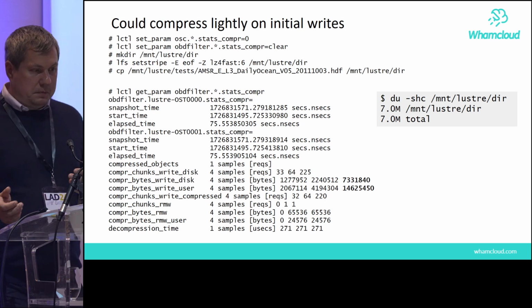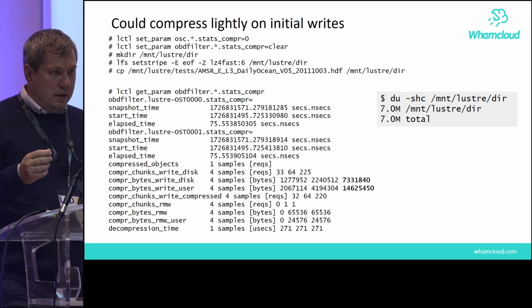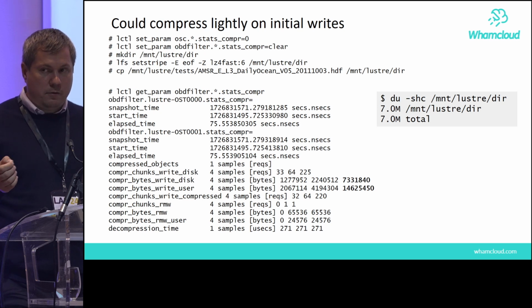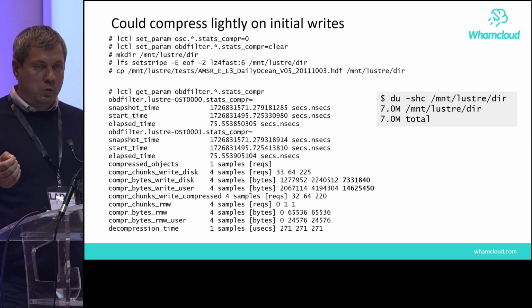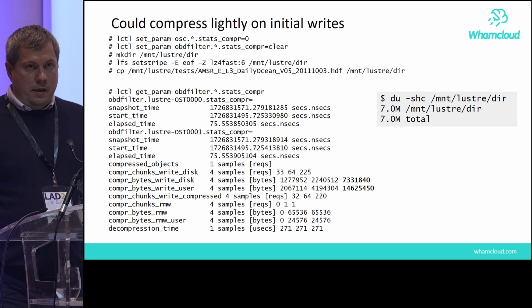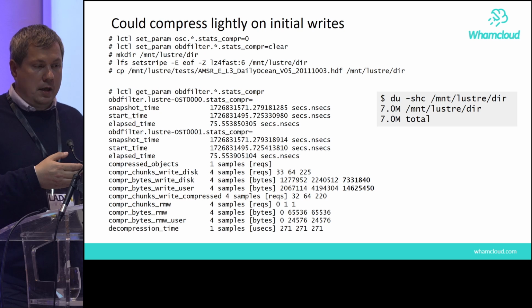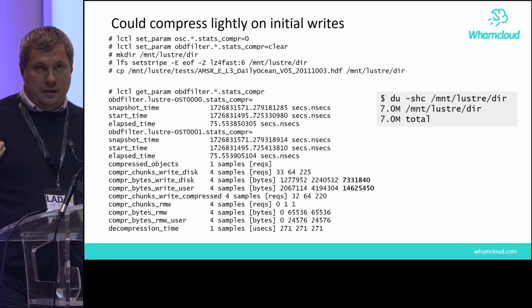So Lustre has a lot of features, and it's quite flexible for any case. And here there is a possibility to decide how we compress data at different times. Assume some task writes a lot of data and wants to do it in a fast way, but still wants to compress data.